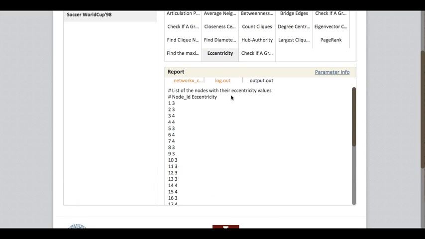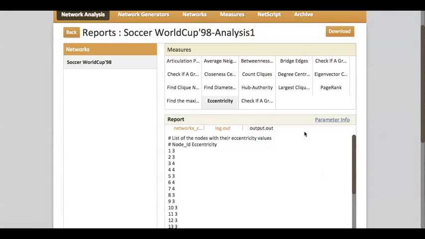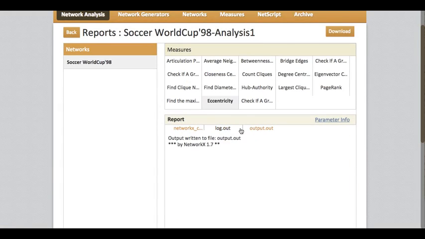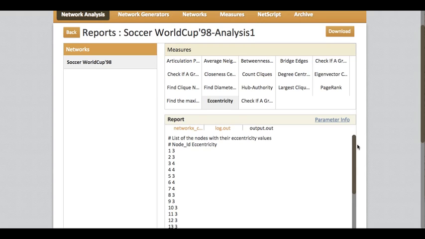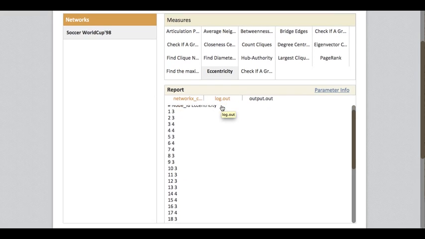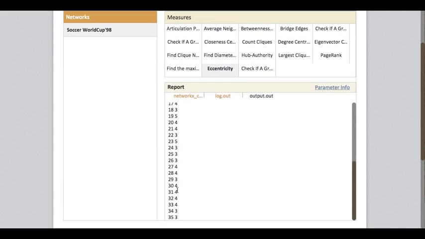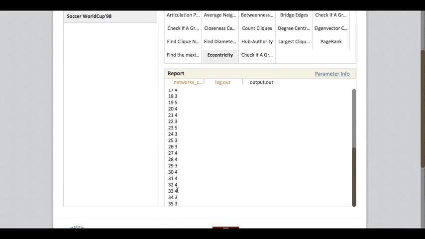We have here the list of node ID and their eccentricity. I'll go ahead and download. You have a little log file that says what the program did or outputted during the processing. The eccentricity is 3, 4, and 5 here, 5 being the highest number.